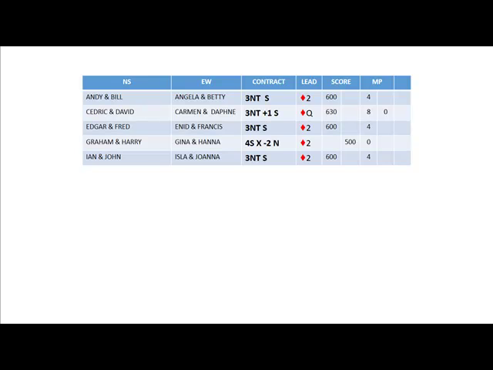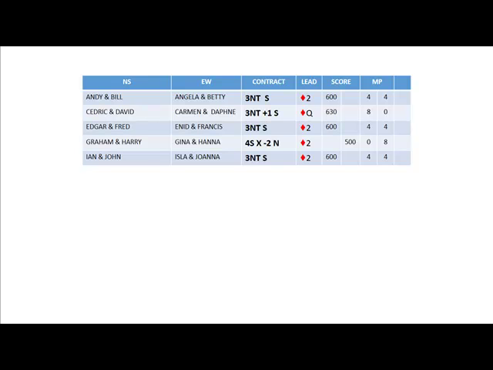But they did worse, yes, worse than Gina and Hannah, because Gina and Hannah won 500 points and Angela and Betty lost 600. So I reckon that's 4 points for all of those. Notice the match points are shared in each table. The maximum is 8 and you share them over. So those are the match points there.